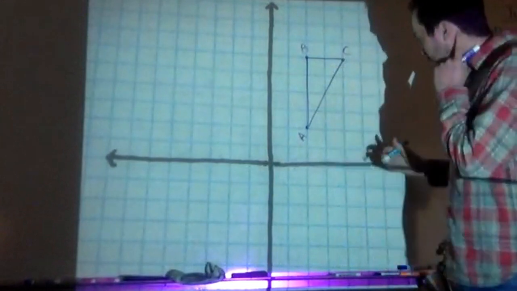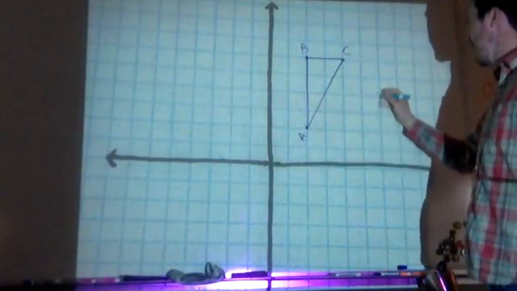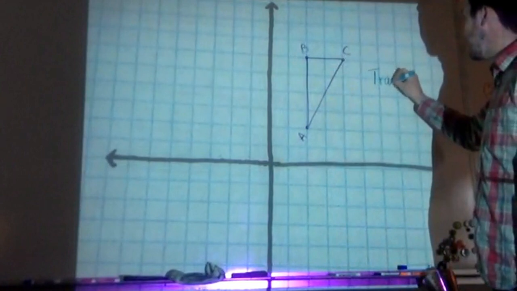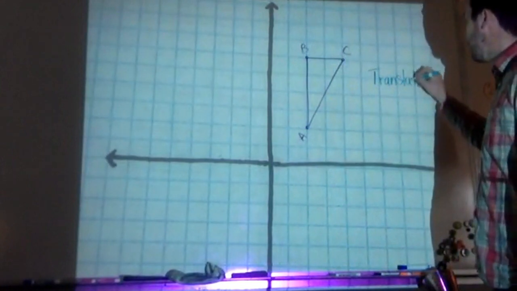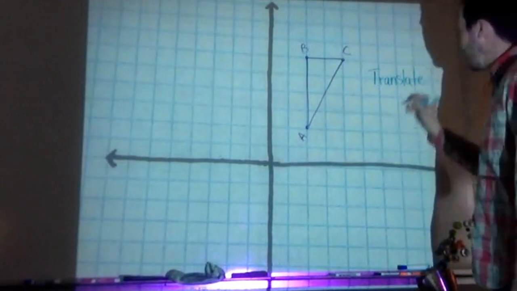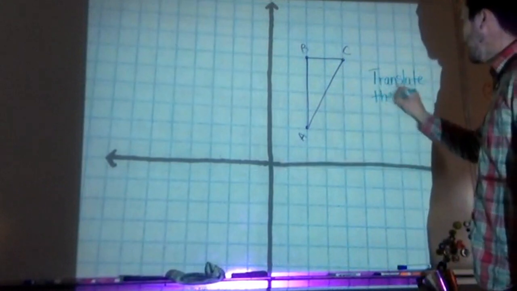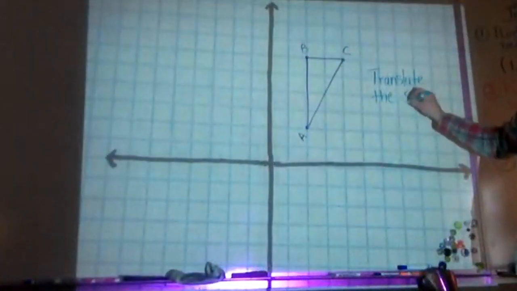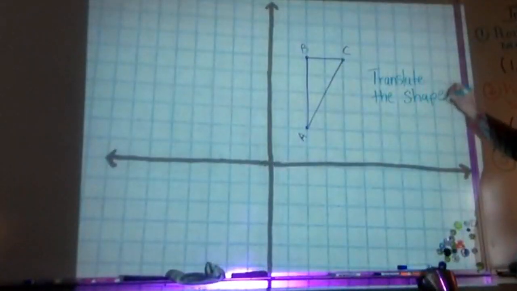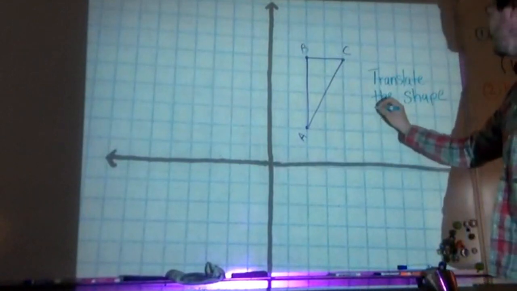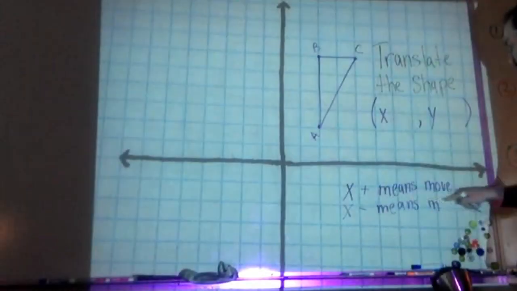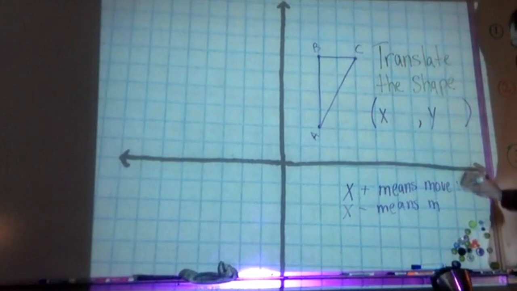Typically what this will say is we have to translate the shape. X plus means move right.